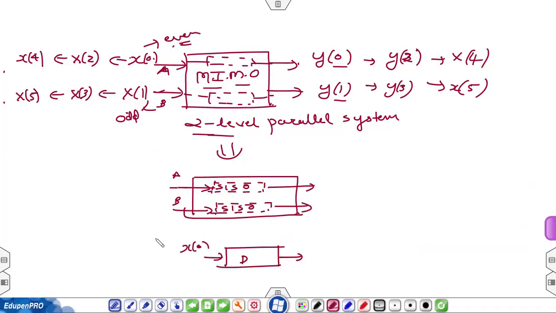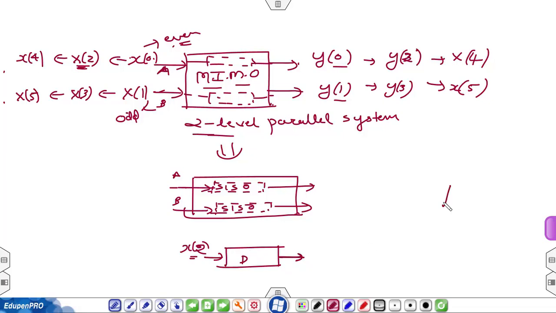Now let's say this is a delay element which is employed at any point in this single input single output system. If the input to this delay element is, let's say, x2, the output of this delay element is the sample that came before x2. This delay element will store the sample that came before x2, and the same will be reflected at its output.